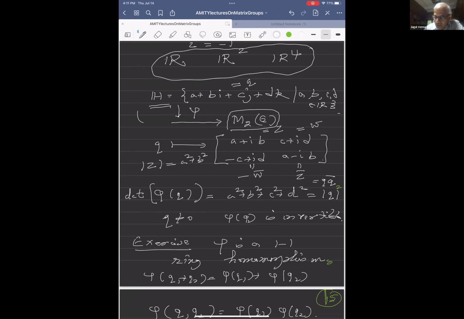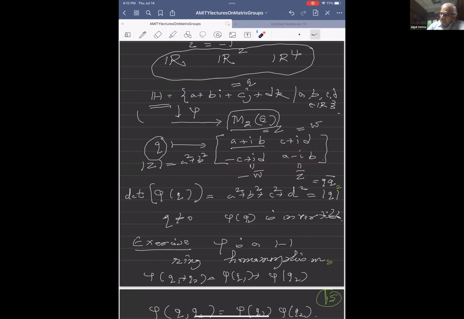But we have introduced multiplication, so it becomes a non-commutative ring. And we define a homomorphism mapping a quaternion Q, a plus bi plus cj plus dk, to this matrix, where the first entry is a plus ib, the second entry is c plus id, and then this is equal to the negative of the conjugate of this, and this is the conjugate of a plus ib.